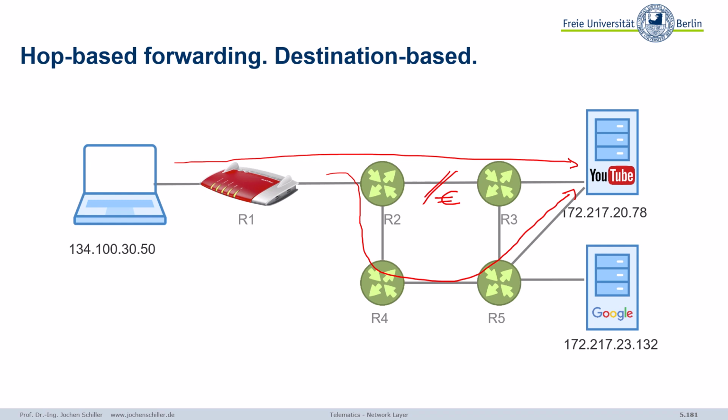Okay, so what do the routers need to perform this forwarding? Each of the routers has to decide when a packet comes in: does the packet go this way or that way? We will see that this decision has to be made within nanoseconds, very, very fast, because we have many packets per second.